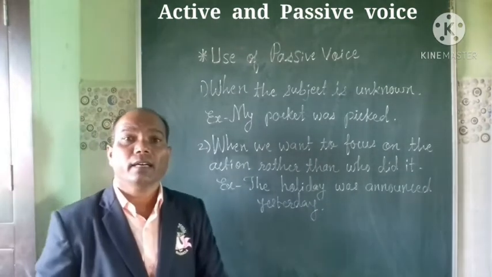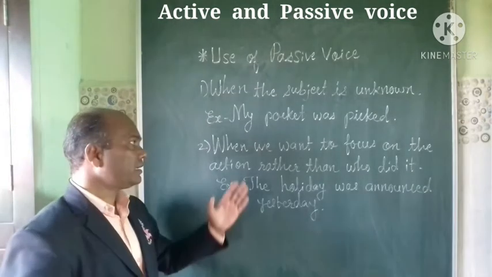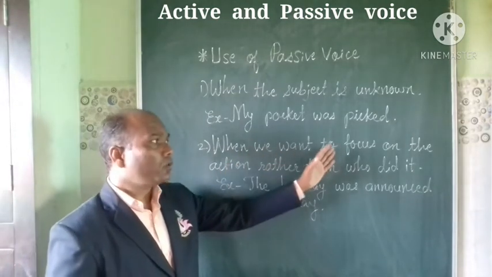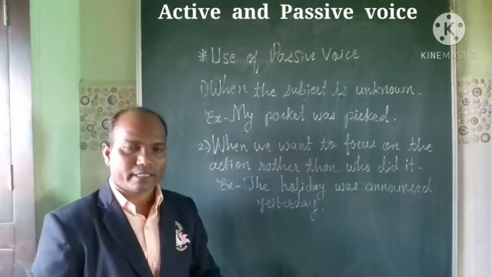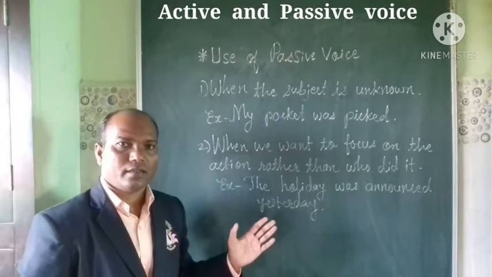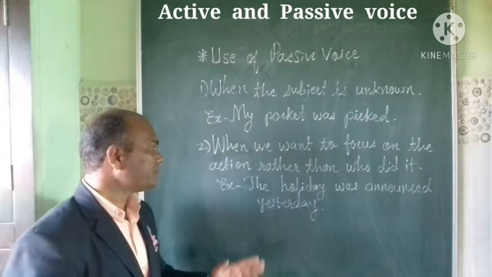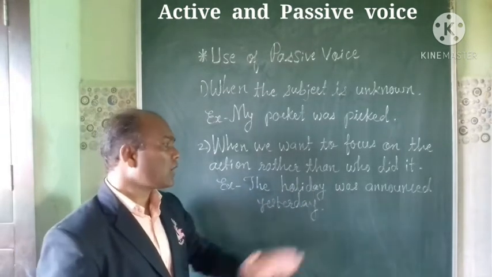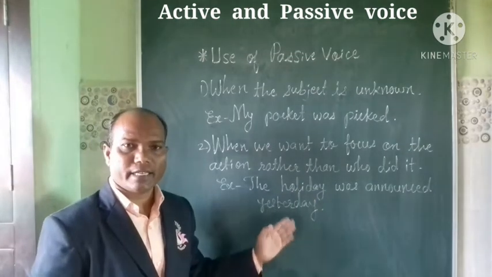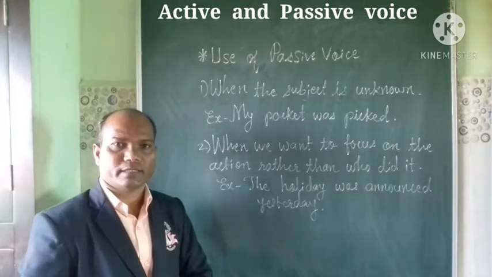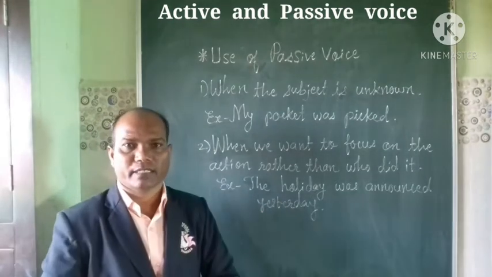Now, let's see the next use. We can use passive voice when we want to focus on the action rather than who did it. Here, the importance is given to the action. For example, the holiday was announced yesterday. In this sentence, more importance is given to the action rather than its subject.